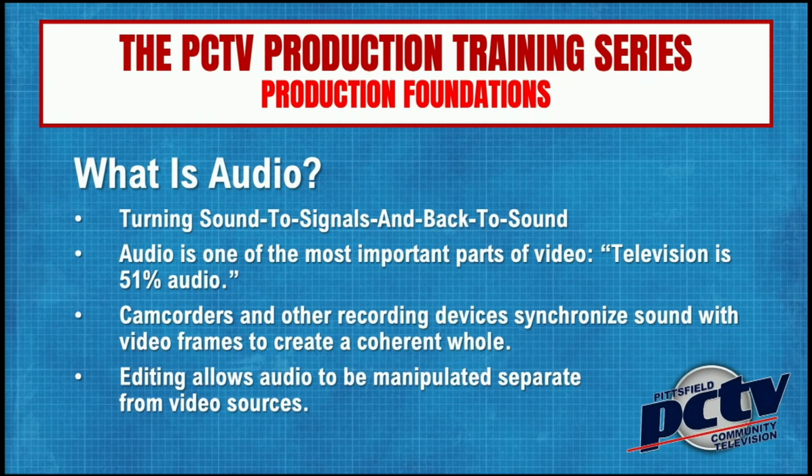Camcorders and other recording devices are designed to take audio in and synchronize it with video clips. You can have a separate audio recorder, but when you're working in video production, very often a device such as a camcorder or a studio recorder is going to take the content that you have as far as audio is concerned and match it together with video so you have a single consistent product.